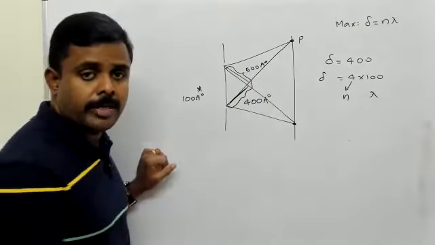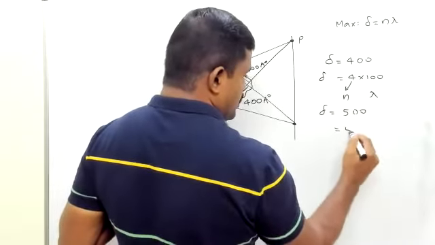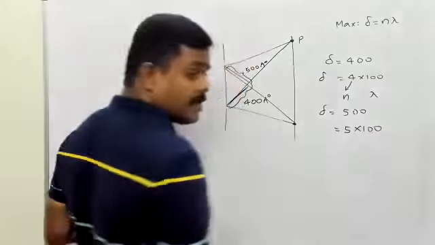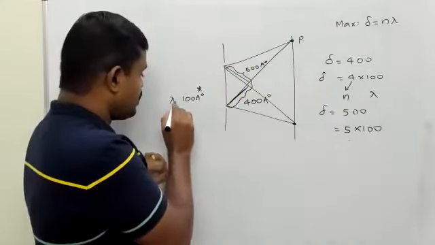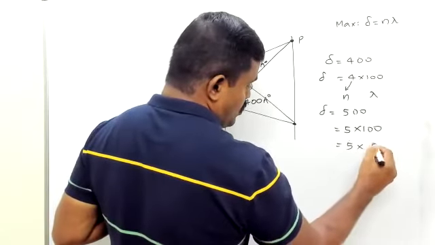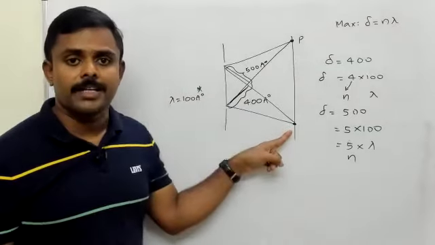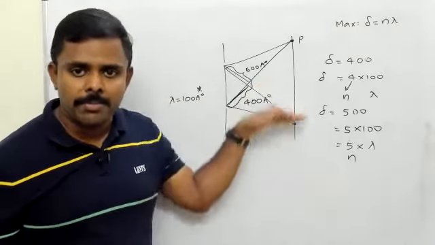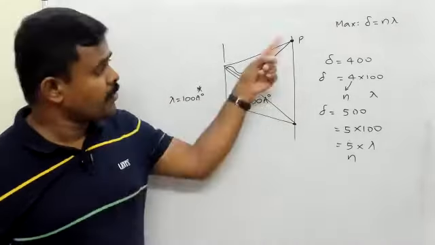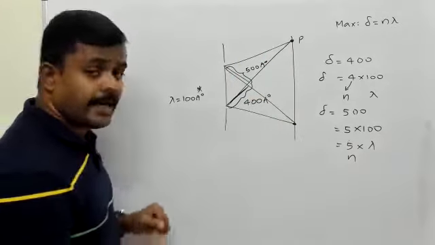Delta, 500, can be written as 5 into 100, and 100 is my lambda, so this is 5 lambda. So n is 5. That is the fifth bright band below the central band. The other one was the fourth bright band above the central band. Understood? If you still didn't understand, I'll tell you.